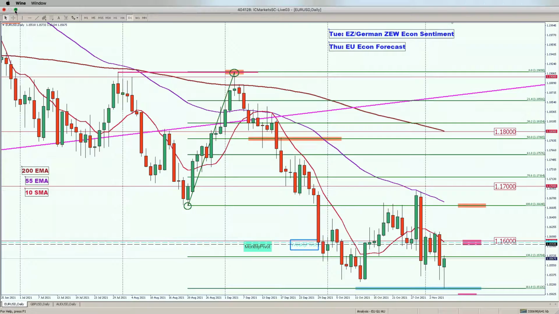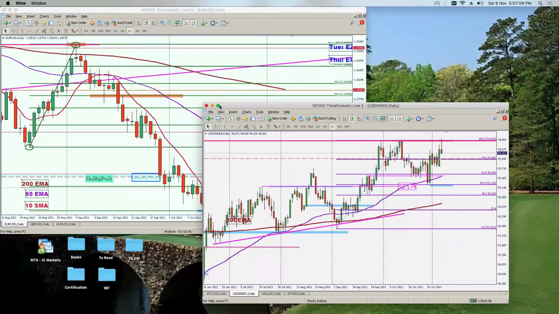Let's take a look at the US dollar index.